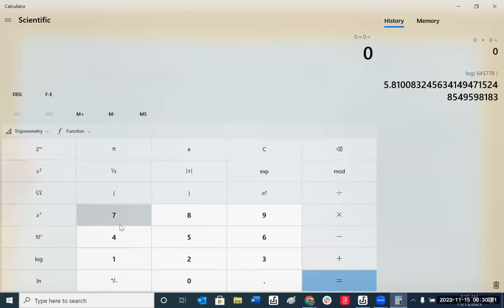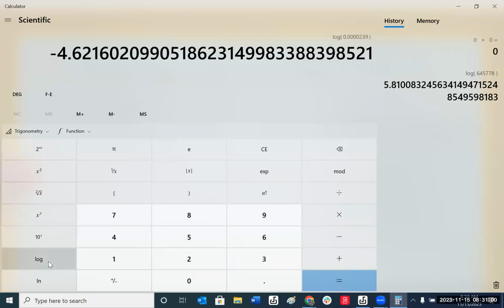Good, so I cleared it out. 0.0000239, and the log of that is negative 6.216.